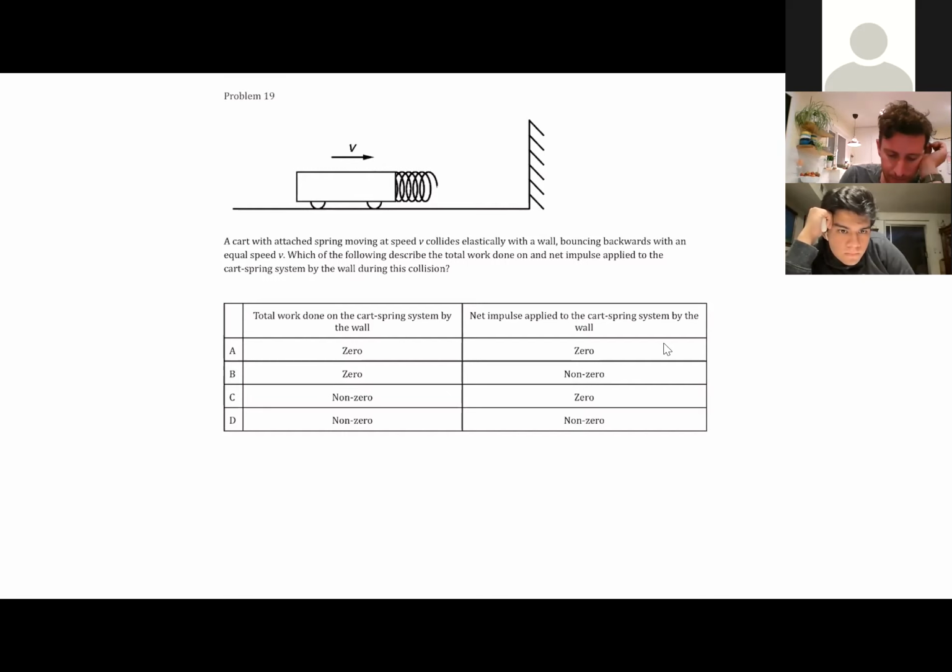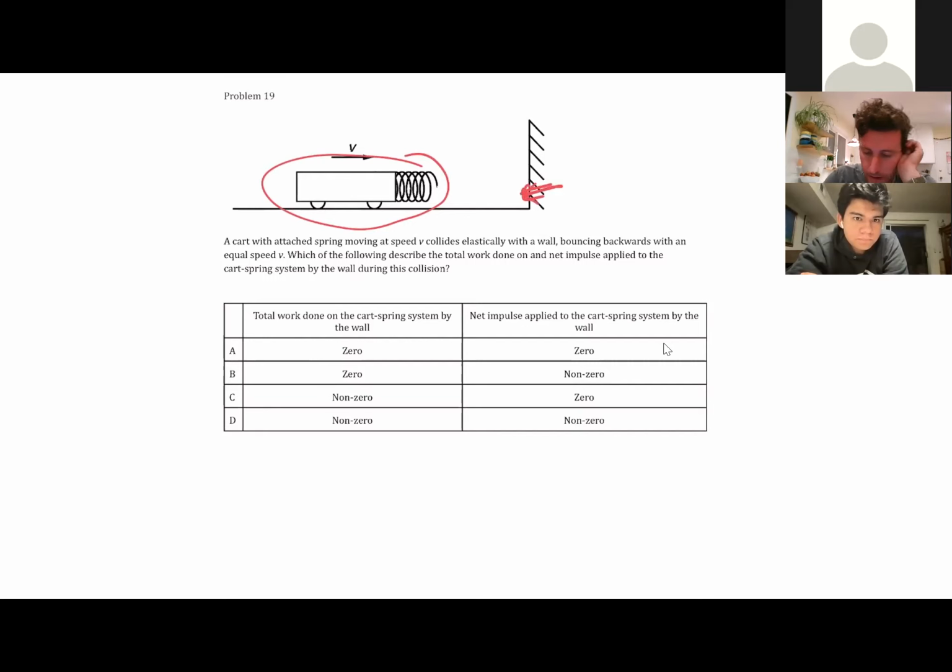Okay, so my system is the cart and spring, and the work is done by the wall. I'm looking at before versus after.